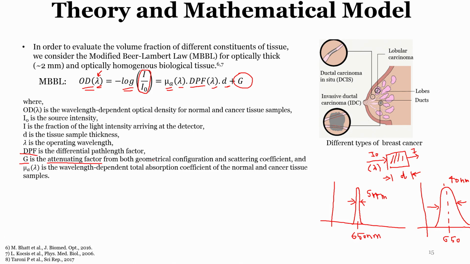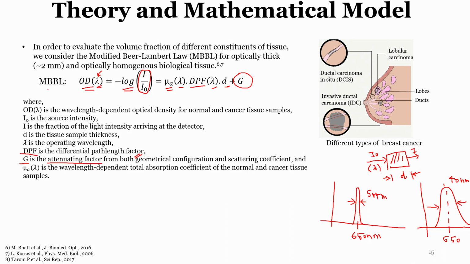The way to do that is we are going to make a lot of assumptions. The first assumption is that the geometrical configuration for all these measurements is going to be the same, and the scattering which is going to occur is also going to be similar. That is the kind of assumption that we make in this Beer-Lambert law.